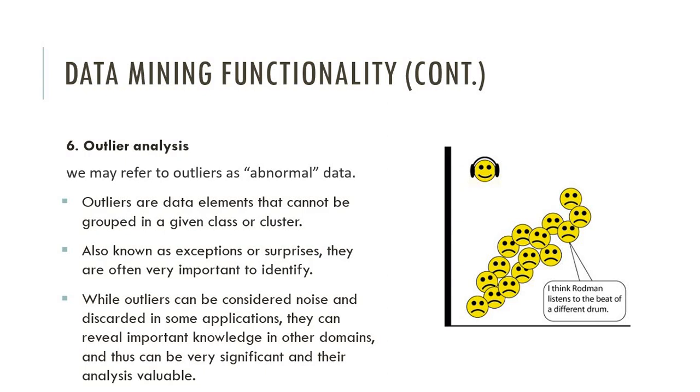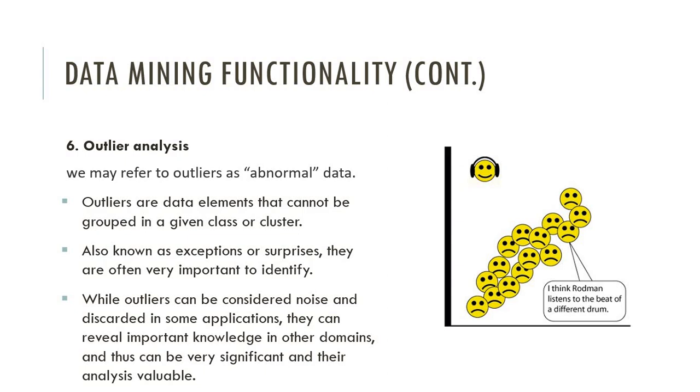While outliers can be considered noise and discarded in some applications, they can reveal important knowledge in other domains and thus can be very significant in analysis. So these types of outliers can be considered noise, and are discarded from the database or application.